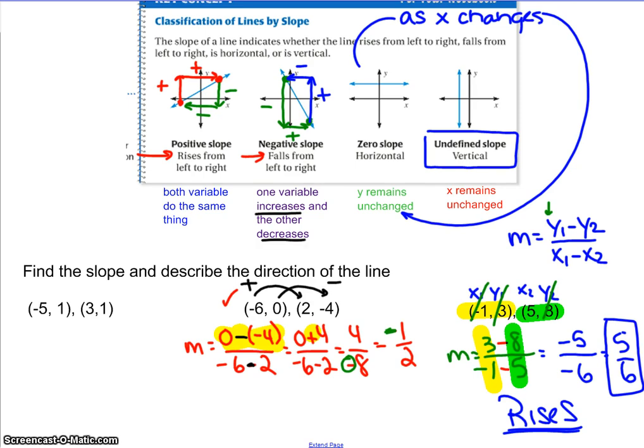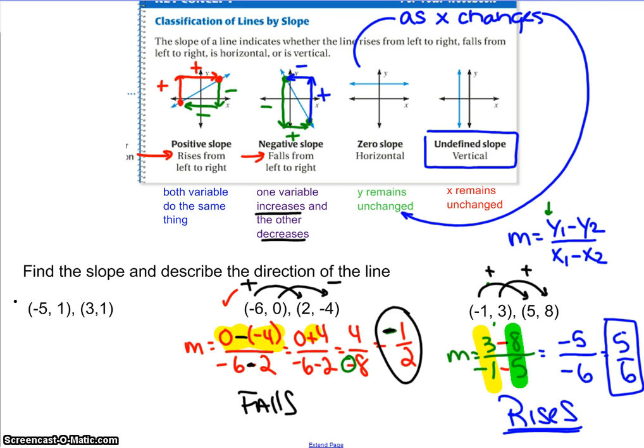If I look at that before I start, then I know I can expect something with a negative slope. If I go over to this first example we looked at, -1 to 5, that got bigger. 3 to 8, that got bigger. So that's the situation. You can check ahead of time what type of slope we should get, and then when you work it out, you'll have an idea, hopefully, if we did it correctly. Now, negative slope means we're falling.